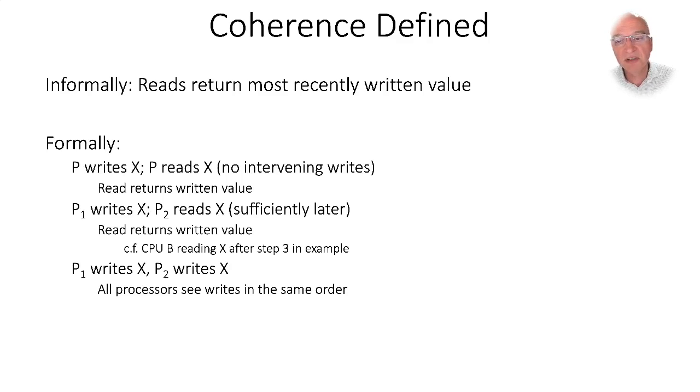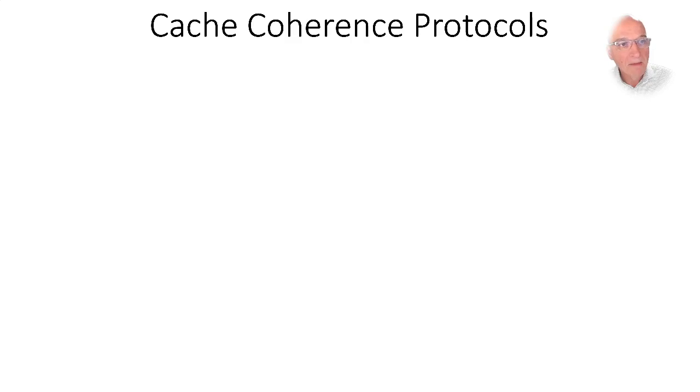All processors in the system should see all the writes in the same order. If we have this guarantee, we will end up with the same final value for the variable X. So what we need in order to enforce coherence is something called cache coherence protocols.